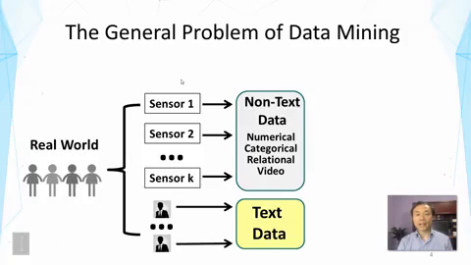And of course, the non-text data are usually produced by physical sensors. And those non-text data can also be of different formats: numerical data, categorical or relational data, or multimedia data like video or speech. So these non-text data are often very important in some problems.